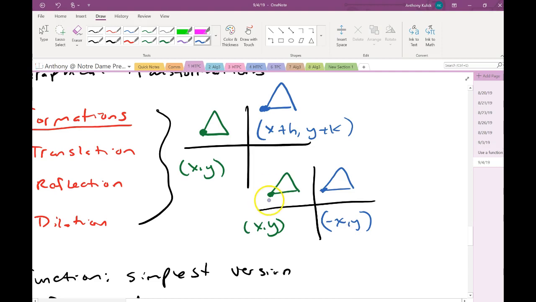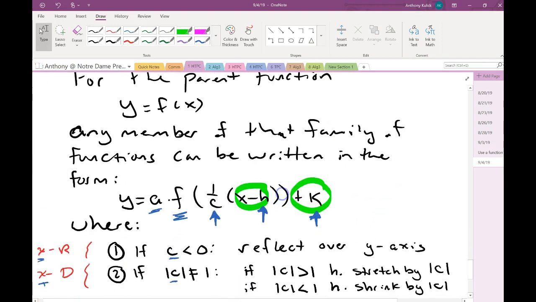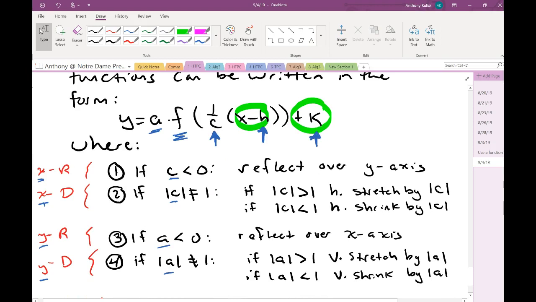So if this was like negative 5, oops, sorry, that would become positive 5, right? If we reflected it. So, which one of these deals with positive and negative? The reflections. Yes. Of course.